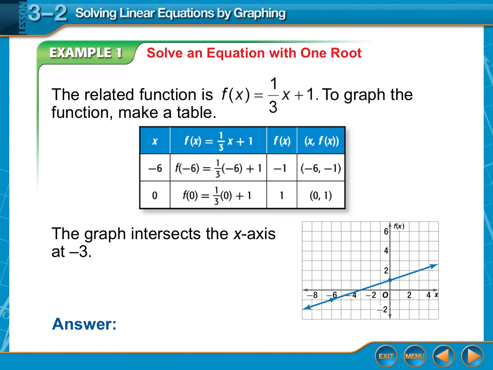So here, this is what I was talking about with the xy table. On your homework, instead of written as f of x, I have y. Y and f of x mean the same thing. So whenever you see f of x, think of it as y equals whatever that is. Everyone write that for me. Whenever you see f of x, it means y. They mean the same exact thing.